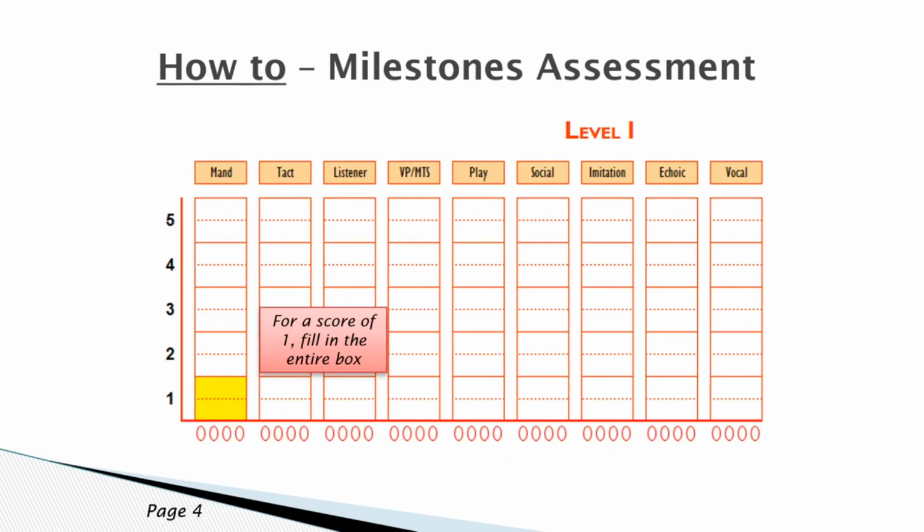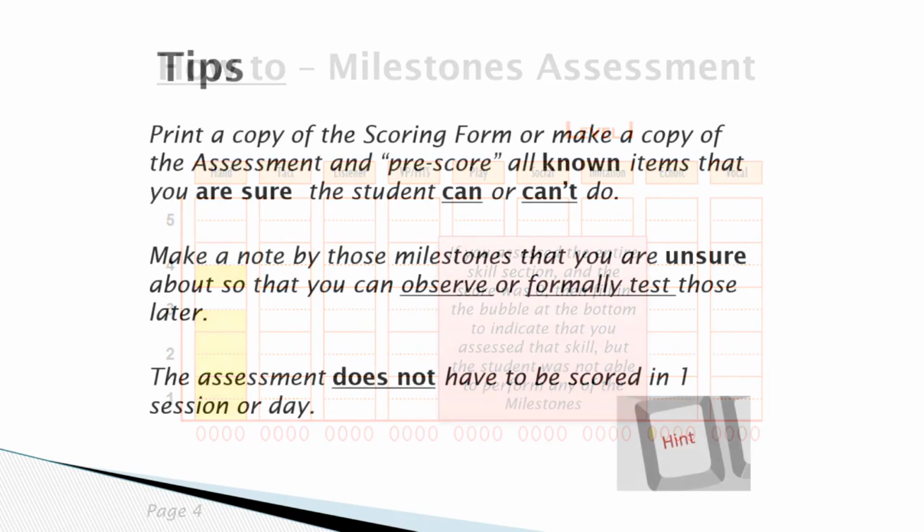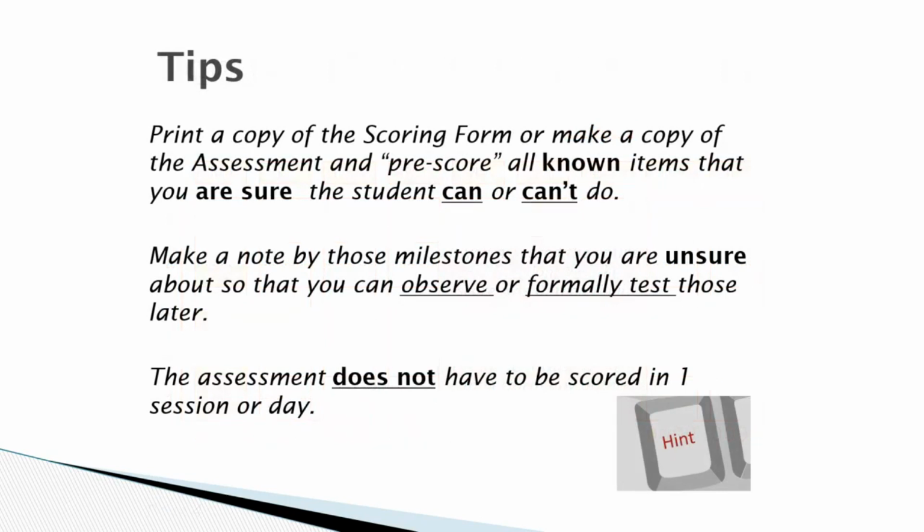To receive a full point, the student must play with 5 different items within the 30-minute observation window, but if the student only plays with 3 items in 30 minutes, they receive half a point. If the student plays with fewer than 3 items, they receive 0 points for this skill.